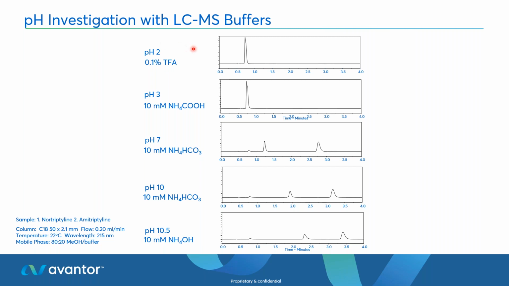You can see here with this mixture of two analytes, increasing the pH actually separates what were two co-eluting peaks into two well separated, but ideally not really that great efficiency peaks. So you might be better off working around pH 7 than going all the way up to pH 10 in this case. And you can see that because these are bases, you are getting longer retention times when you've got higher pH.